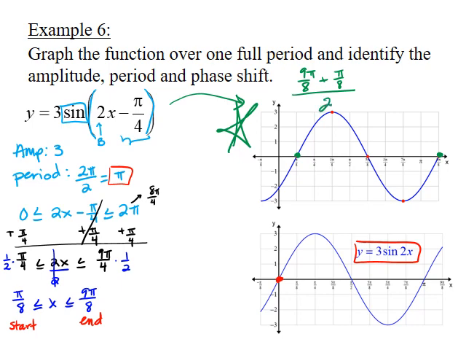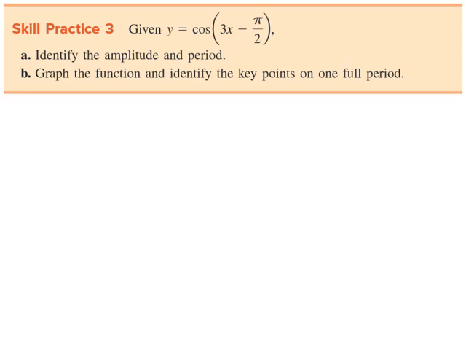Okay, so let's do one of these in full. Just like before, we want to find the amplitude and the period. Because I don't have anything in front of cosine, that's like a 1 there. So the amplitude is 1. The period, again, is 2 pi divided by b, and b is 3 in this case.